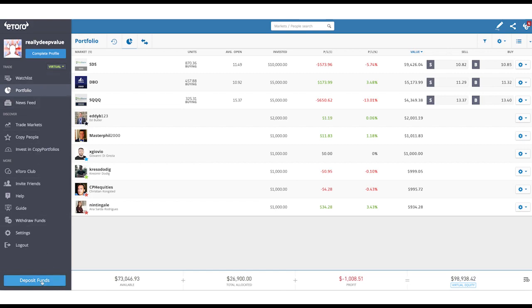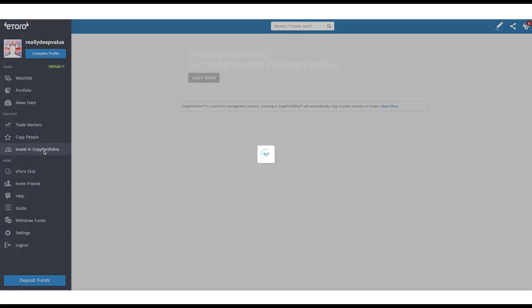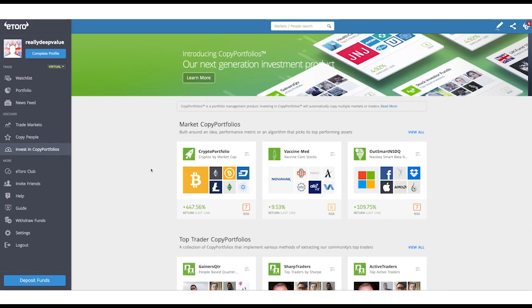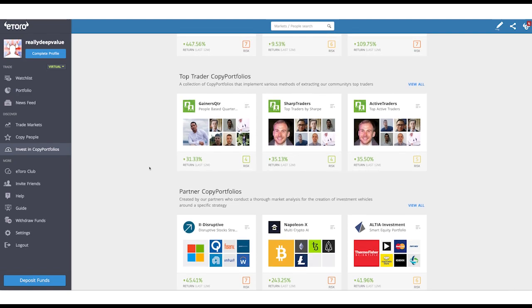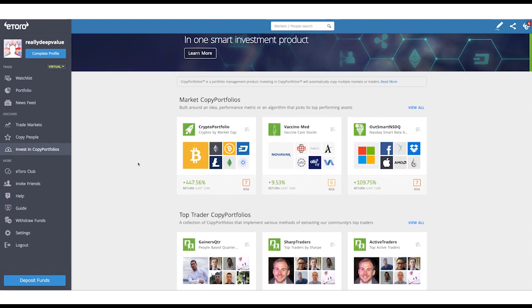So there we are, copy trading, and there's also the copy portfolios, which are worth considering also. I think the minimum to invest in each of these is $1,000, and they are built around various themes.